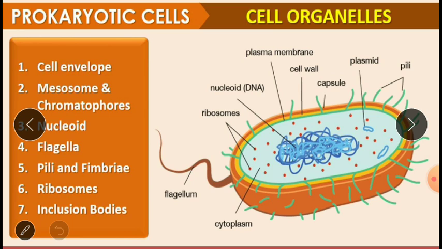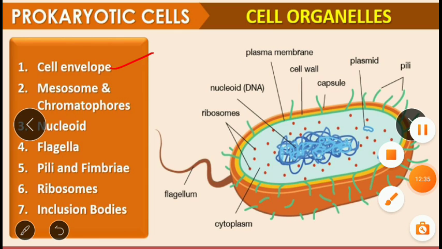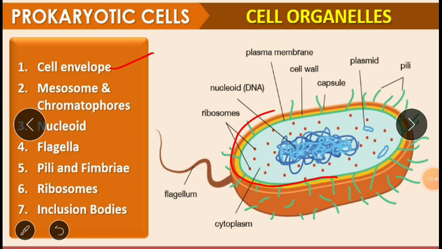Coming to the cell organelles of the prokaryotes. The prokaryotes are made up of cell organelles like the cell envelope. The cell envelope is the outermost covering. It consists of the mesosomes and chromatophores, which we will study in detail.